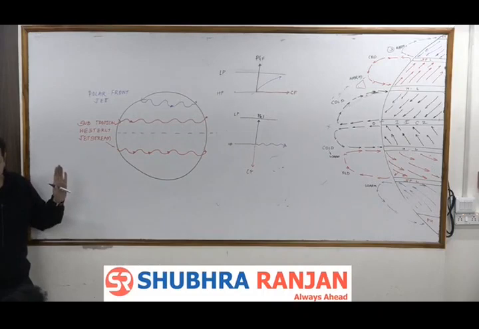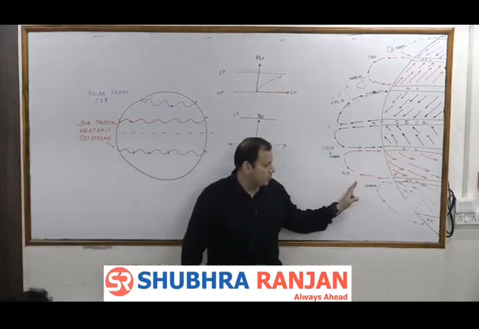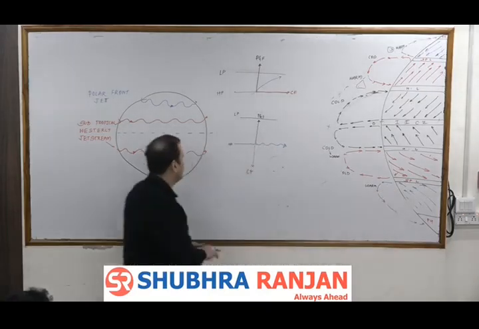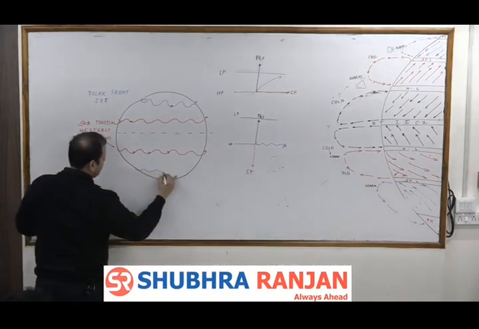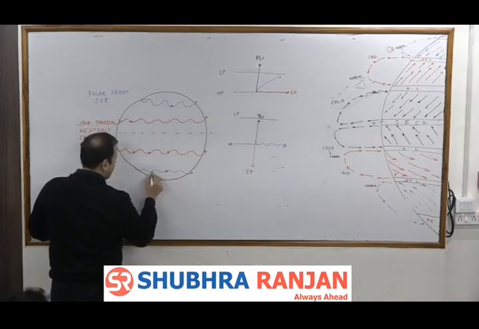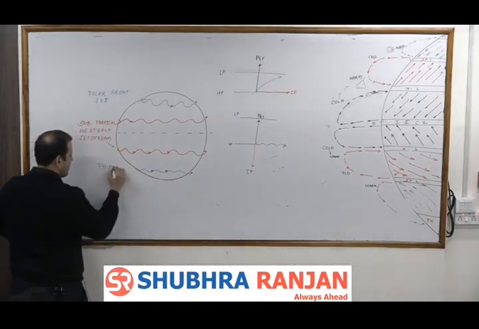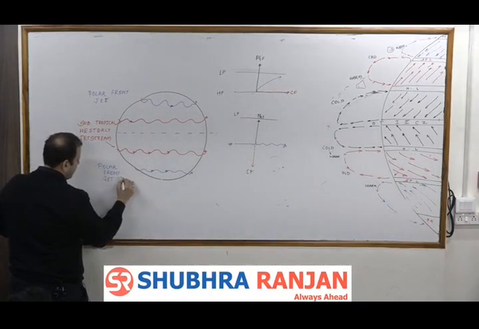Subtropical westerly jet stream. Similarly, it is going from cold to warm, but it will get deflected to the left, and therefore we have polar front jet stream.